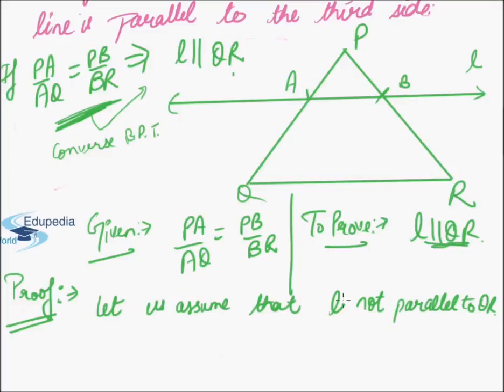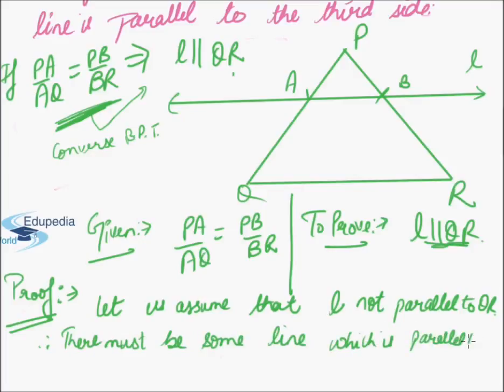Since L is not parallel to QR, there must be some other line which is parallel to QR.